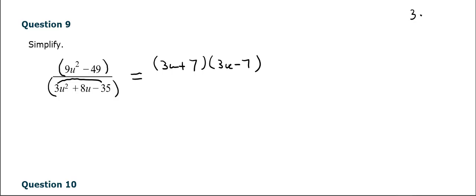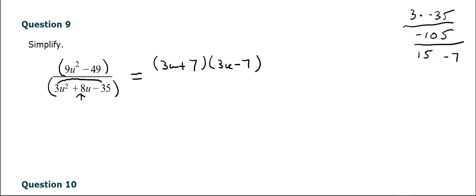So 3 times negative 35 is negative 105. Now we're going to look for the factors of negative 105 that add to a positive 8. And that's going to be positive 15 and negative 7.